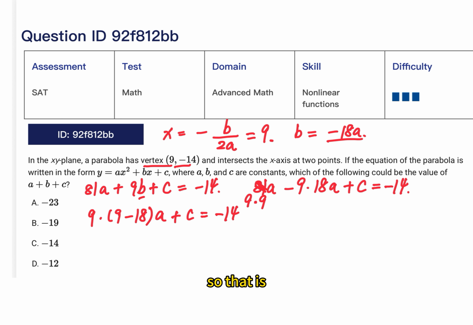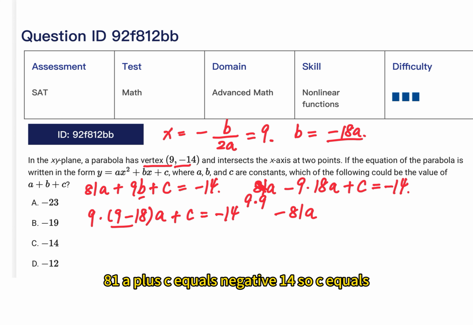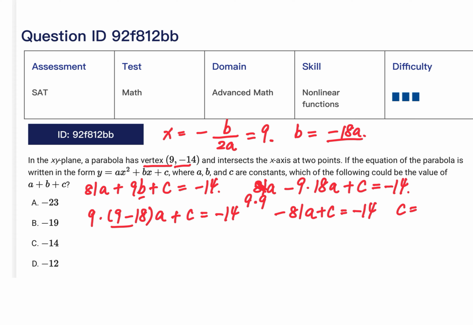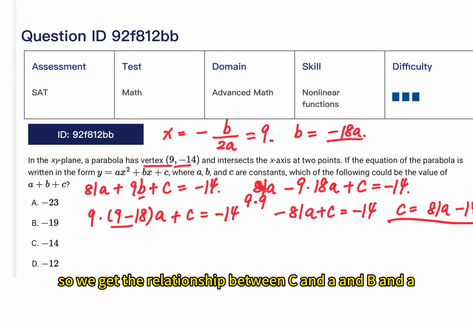So that is 9 minus 18, -9, so -81a + c = -14. So c = 81a - 14. So we get the relationship between c and a, and b and a.